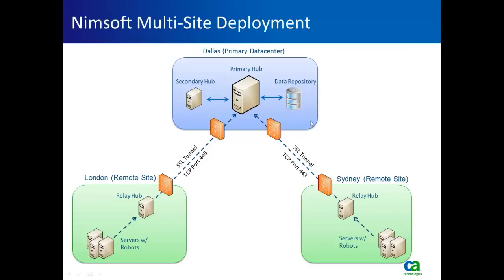And what that allows Nimsoft to do, or you, the service provider, is push out those robots and probes down into your remote locations for your clients' monitoring, as well as allow the data, performance data, and the events to come back to the primary hub to be stored in the back-end data repository for alerts and events, historical trending, and to publish that information out on the web portal.